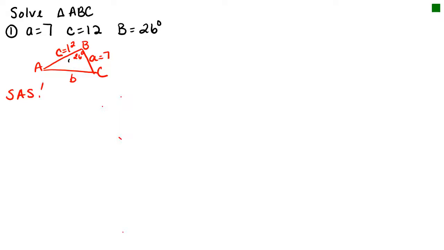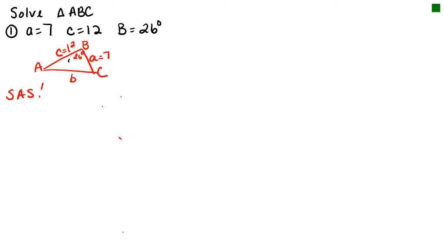So I'm going to use the law of cosines to find the missing side. Because I don't know another angle to set up that sine proportion, I know I'm going to use the cosine one.